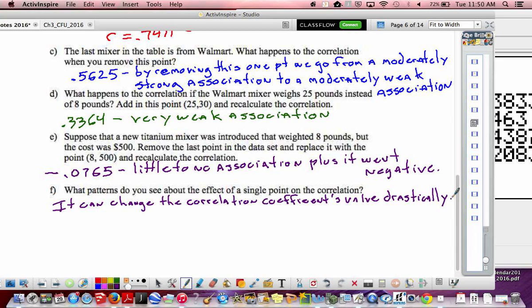So knowing what that point can do, it can cause your correlation to become a lot stronger or a lot weaker. And you'll even see that a little bit in your CFUs today.